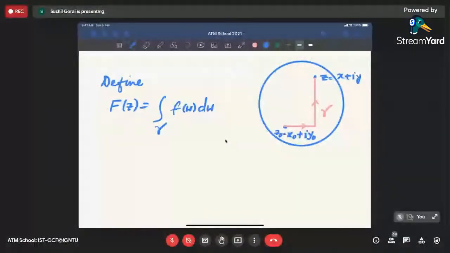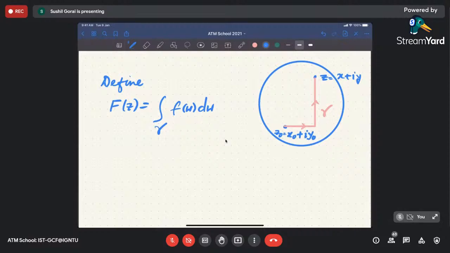Now, is it well defined, first of all? Well, here you go this way.